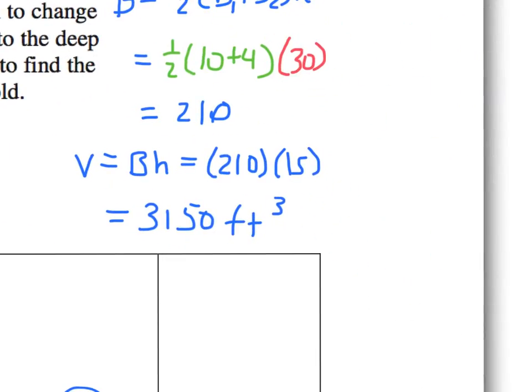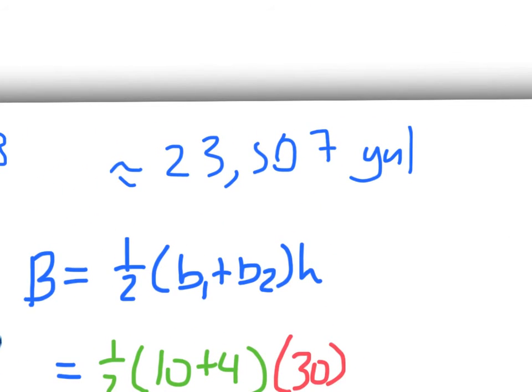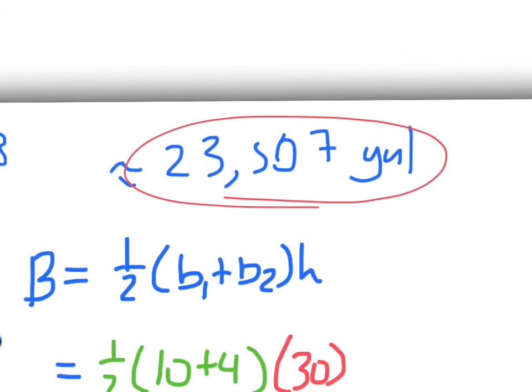So 3150 cubic feet is fine. However, we don't think in cubic feet. We usually think in gallons. So I did the conversion to gallons to get 23,000 gallons. So going to Sam's Club, getting 23,000 gallons of milk, and then filling your pool up, that is going to give us a perspective on how much water is in there.